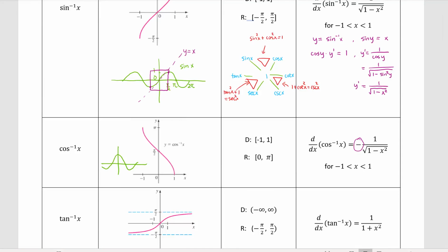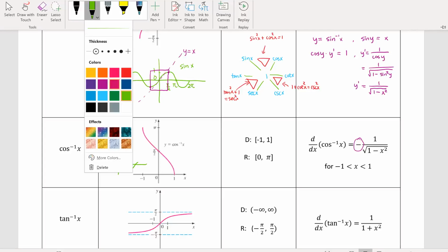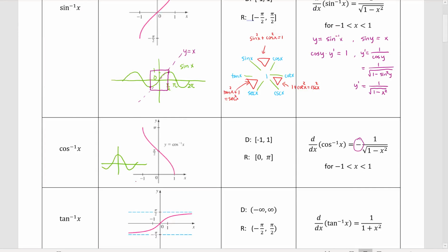In order to have an inverse function, we pick the 1-to-1 piece. Actually, we pick this piece. This is 0, this is pi, at 0 it is 1, at pi it is minus 1. So when we flip it over the line y equals x, this point gets flipped to this point, and then this point gets flipped to this point.